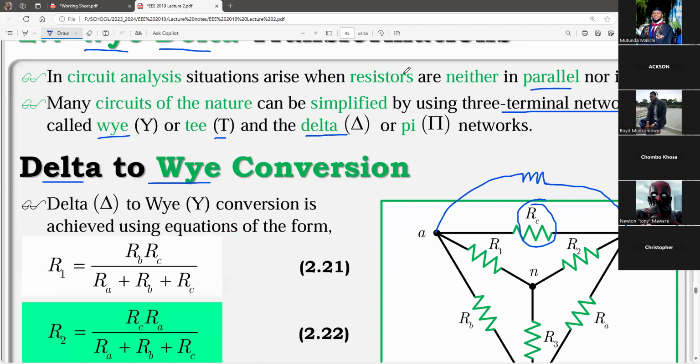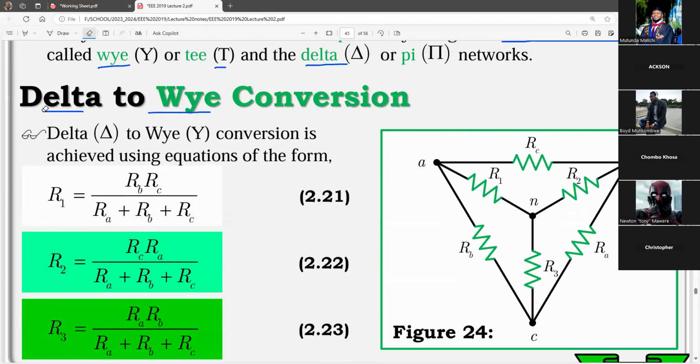Okay, so now how do you do that? If you are moving from delta, you've identified the circuit that is connected in delta, and you want to convert it into star. We are calling it delta to Y or delta to star conversion. So you have the circuit that you have here that is connected in delta.